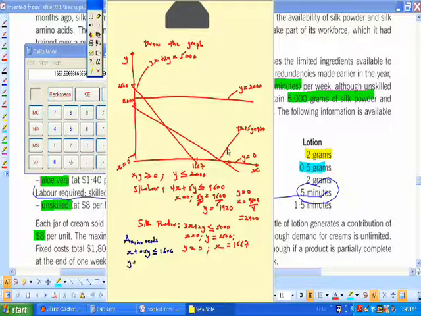So when y is equal to 0, x is equal to 1,600, and when x is 0, y is equal to 1,600 divided by 0.5, which should equal 3,200.